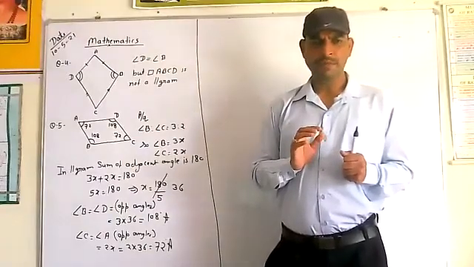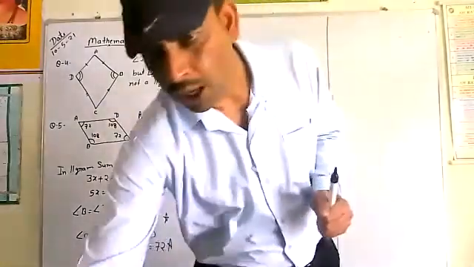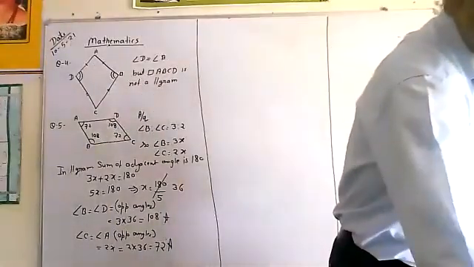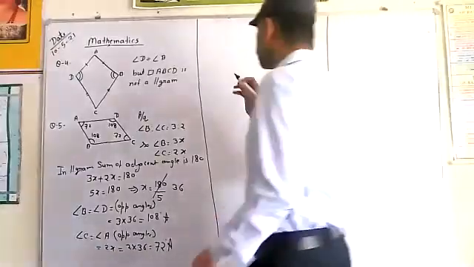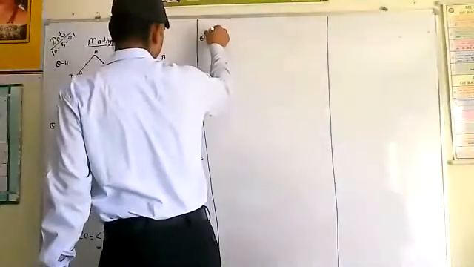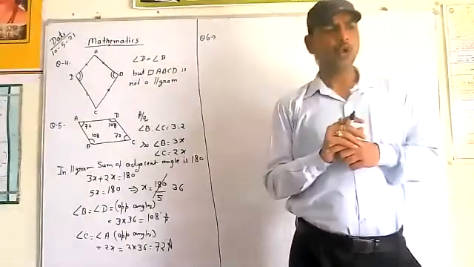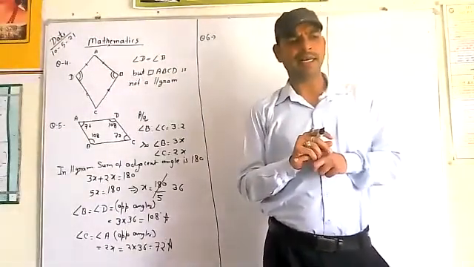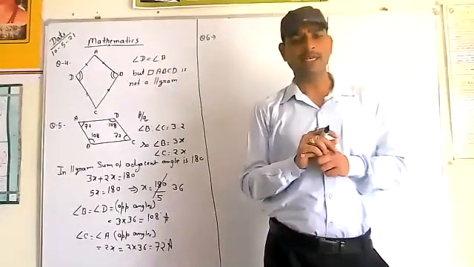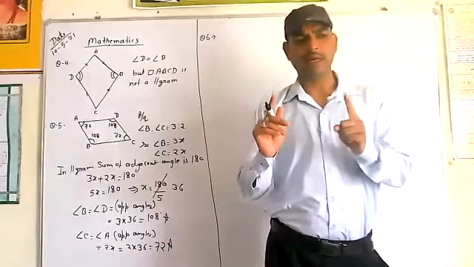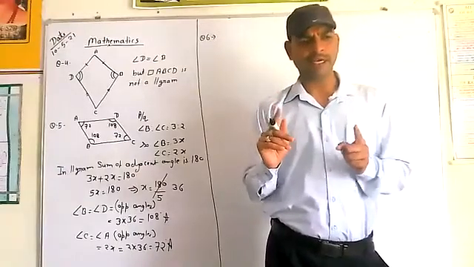Okay. Now, next question number 6. Listen, students. Question number 6. Two adjacent angles of a parallelogram have equal measure.